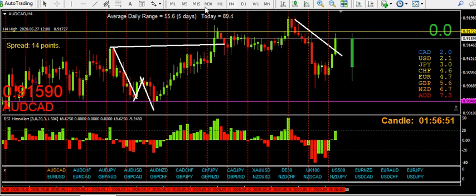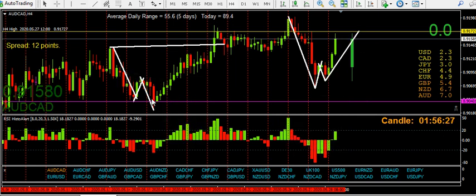63 pips. The other pattern that he has is the 1, 2, 3 reversal, where it fails to make a new low. So you've got this here, then you've got this bit here. I don't often talk about the 1, 2, 3s, but I studied them for years as well, and then it fails to make a new low, and then continues up. So you've got a lower low there.